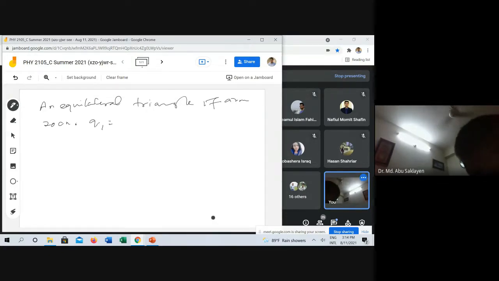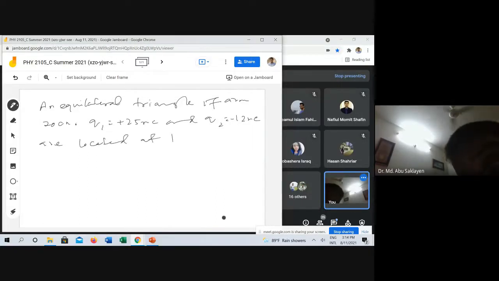Q1 equal to plus 25 nanocoulomb and Q2 equal to minus 12 nanocoulomb are located at two corners of the triangle.